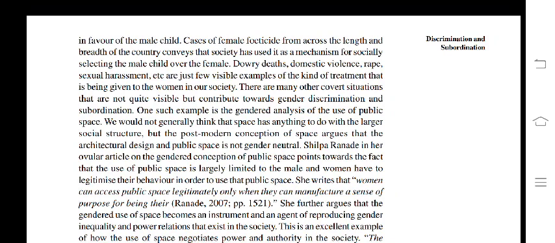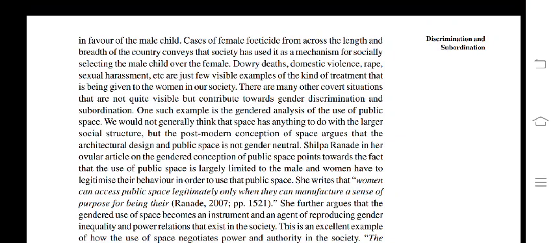One such example is the gendered analysis of the use of public space. We would not generally think that space has anything to do with the larger social structure. But the postmodern conception of space argues that the architectural design and public space is not gender neutral.